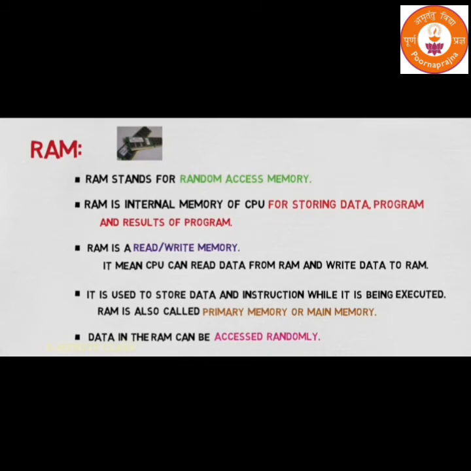That means RAM is a read or write memory. It is used to store data and instructions while they are being executed. RAM is also called primary memory or main memory. Data in the RAM can be accessed randomly.